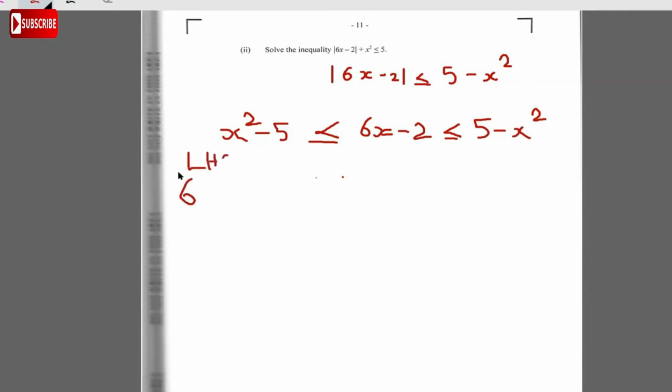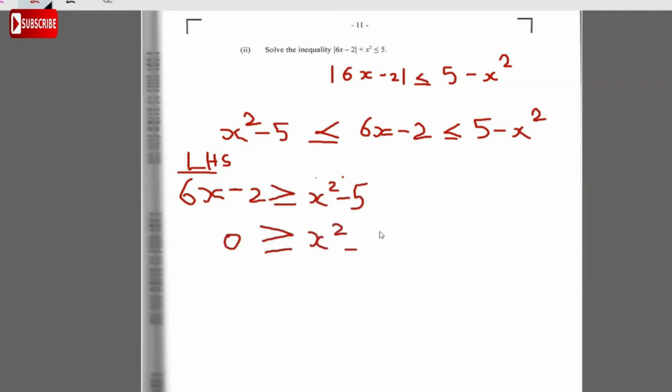Looking at the left-hand side of the inequality, I am solving 6x minus 2 is greater than or equal to x squared minus 5. Bringing over this and this, I'm getting 0 is greater than or equal to x squared minus 6x.